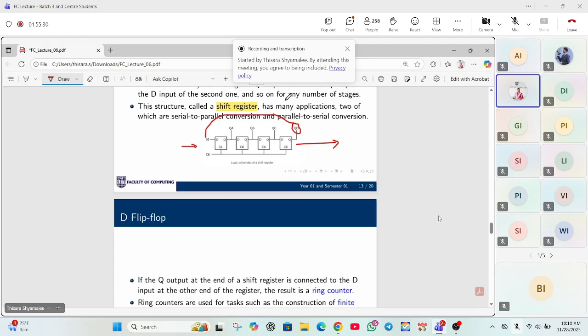So it becomes a circle. We can create something like a circle, and we call it the ring counter.